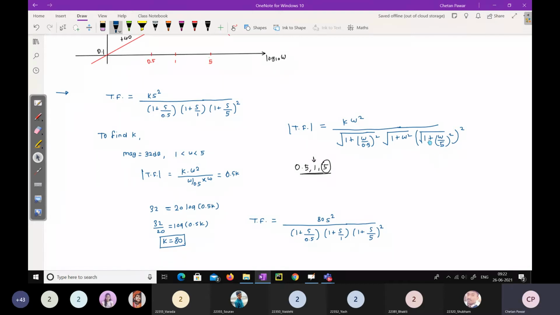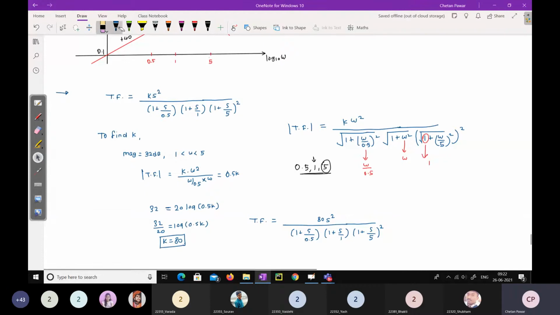This is the magnitude part of corner frequency 1, so from this I will take omega. And this corner frequency is also less than 1, so from this I will take omega by 0.5. It is just like taking s by 1, right? So like that.